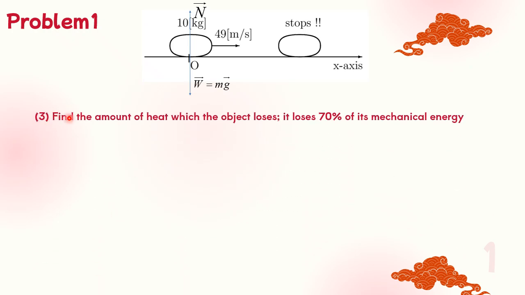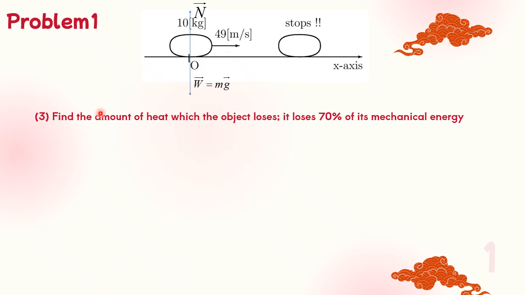Question number 3, find the amount of heat which the object lost, and it lost 70% of its mechanical energy. The reason why its velocity is decreasing is that it loses its energy.